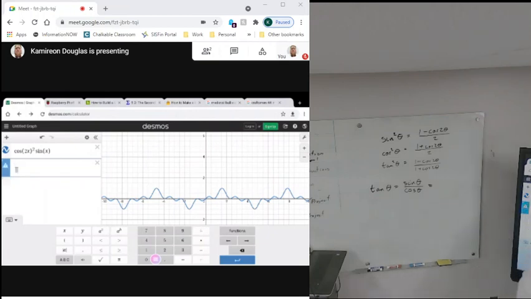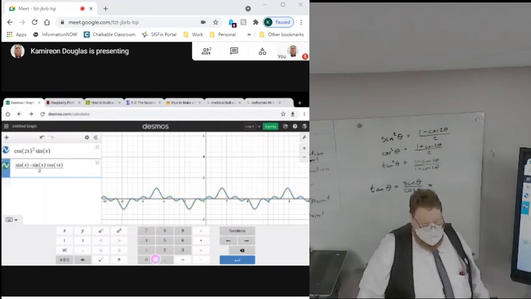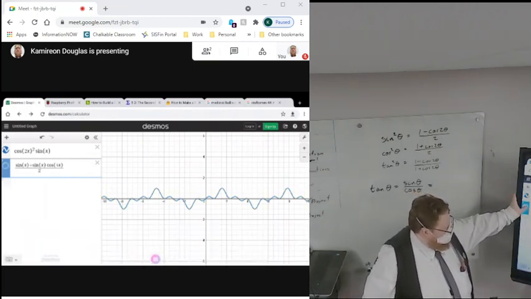I had sine of x plus sine of x times cosine of 4x all over 2. Look at that. A perfect, pristine match in every way.